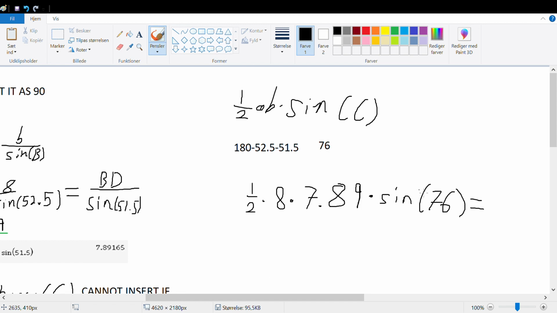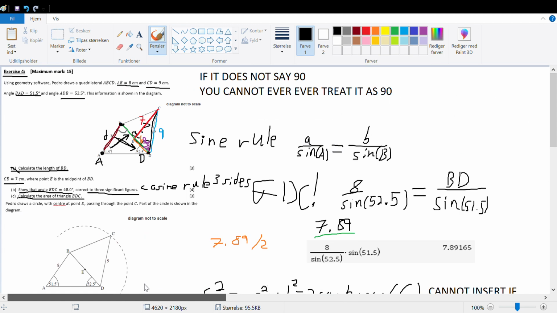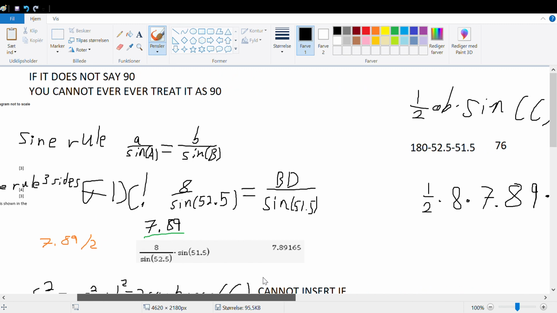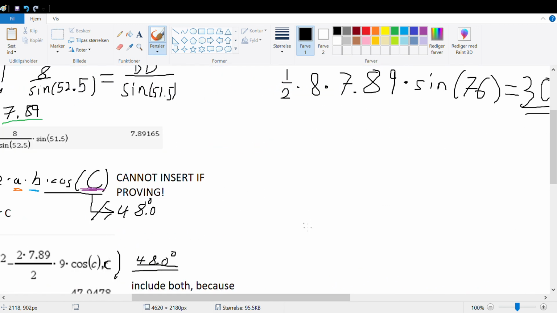And I get 30.6. Let's just call it that. Because again, I'm rounding up to 3 significant figures. Ideally, that should be your solution. Okay. Let's move along and let's take the next one as well.